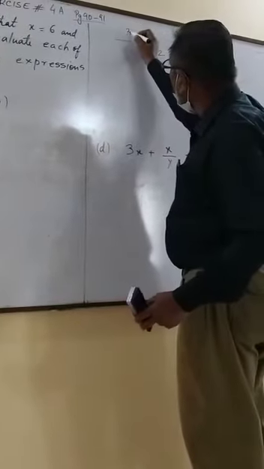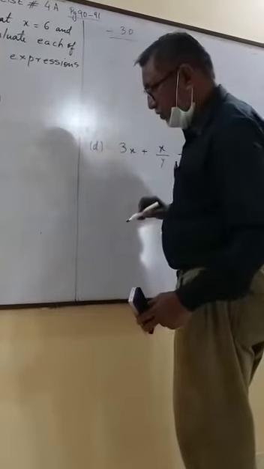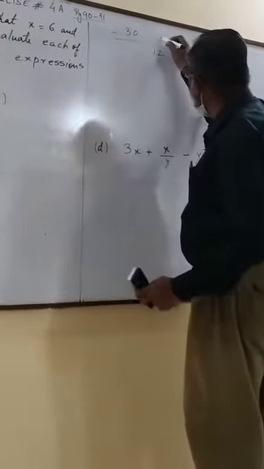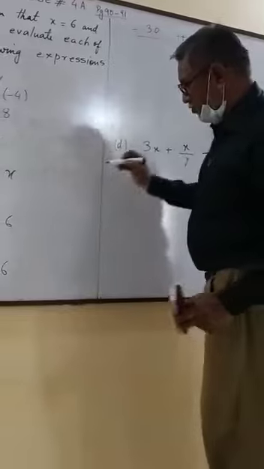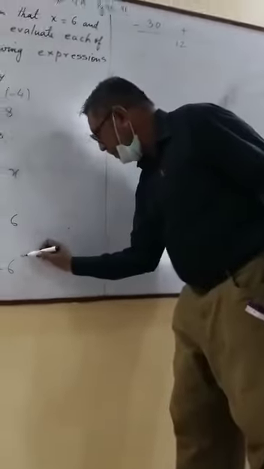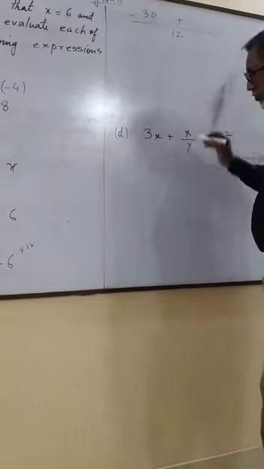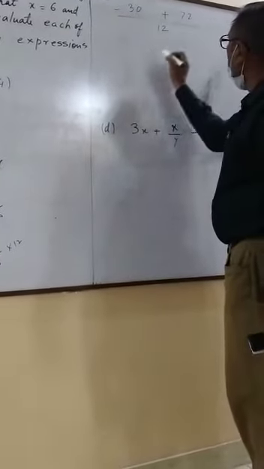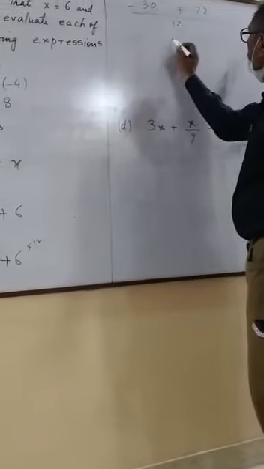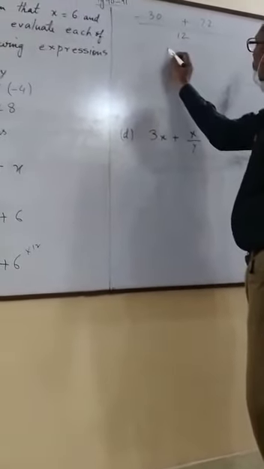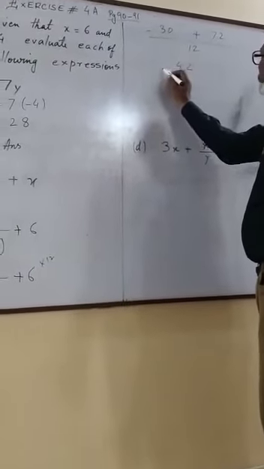So 30 minus 30 and plus 6 12s is 72. Now if we subtract, we will get 2 and we will get 4, right?